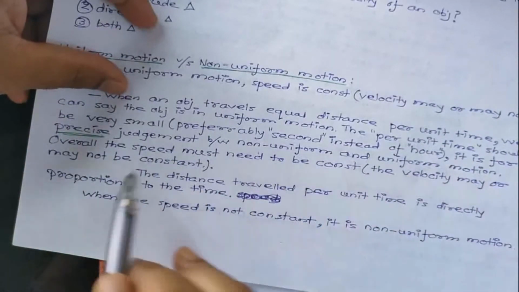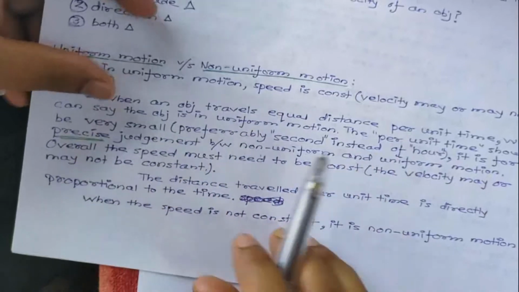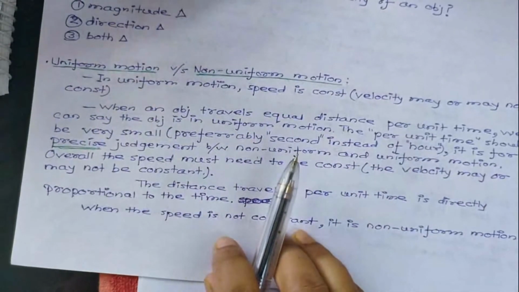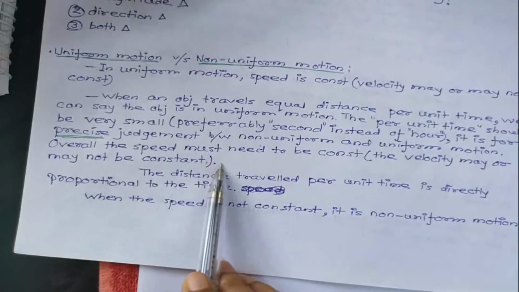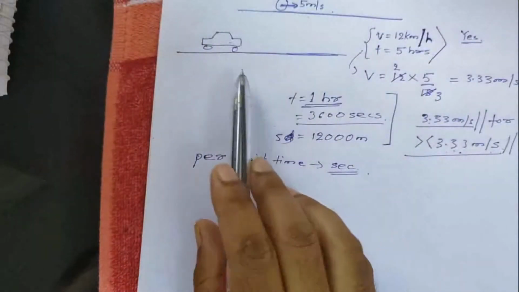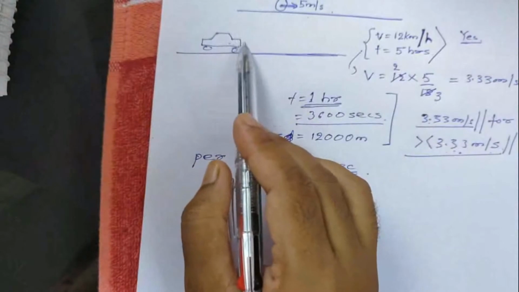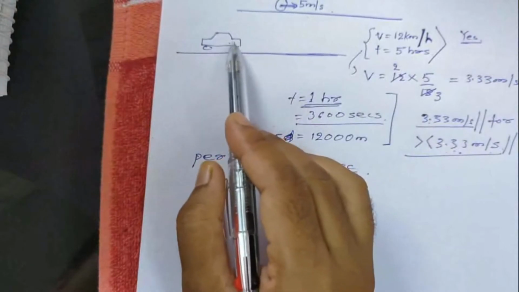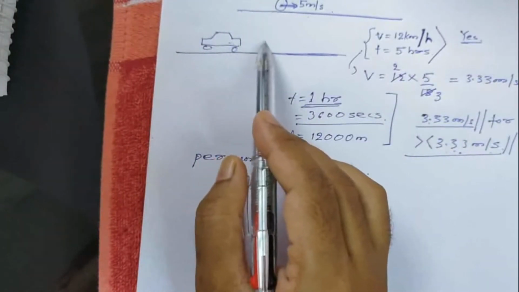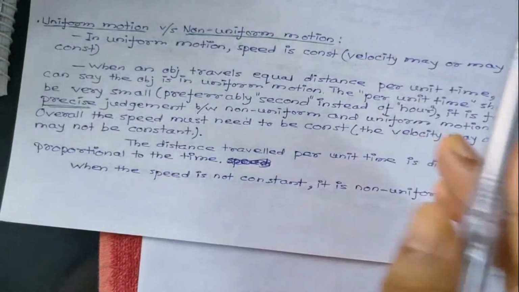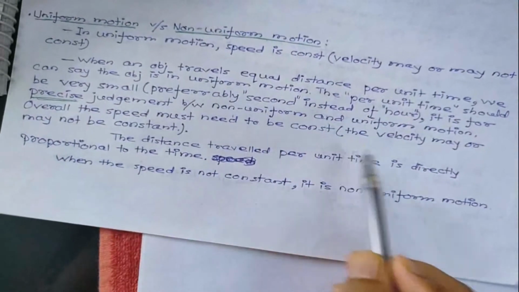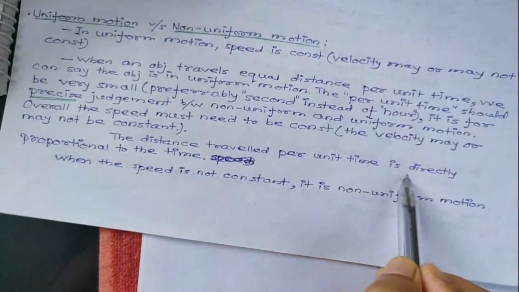Again, the velocity may or may not be constant, because velocity is a vector quantity. It has direction associated with magnitude. While driving a car, there are very high chances that you change the direction of the car. Sometimes you can take left turn, right turn, you can go straight. So anyway, direction keeps on changing, so velocity will change.